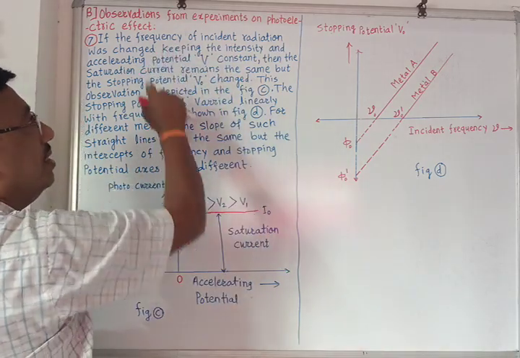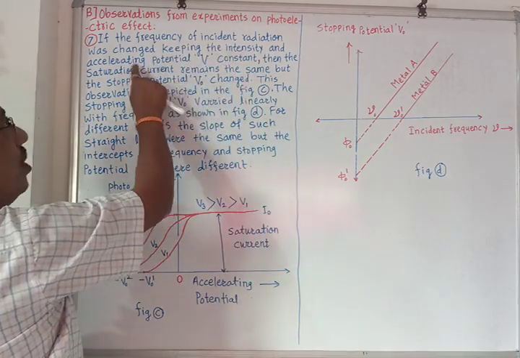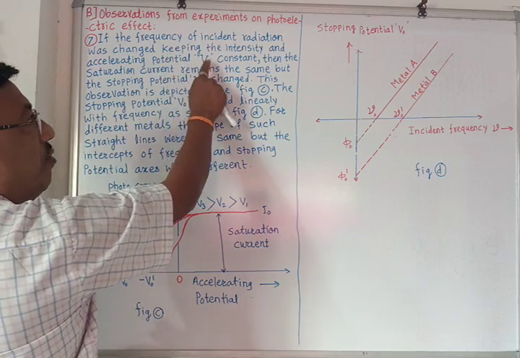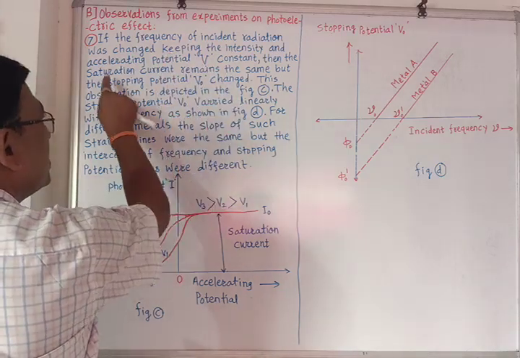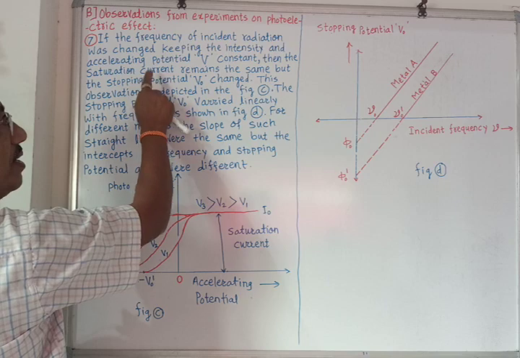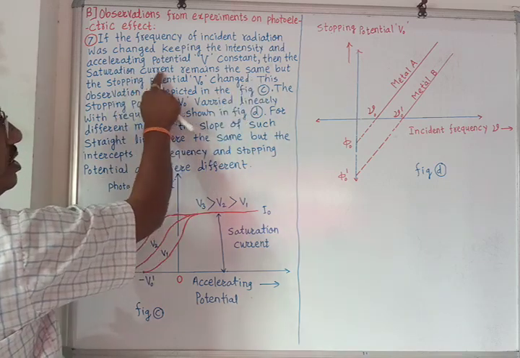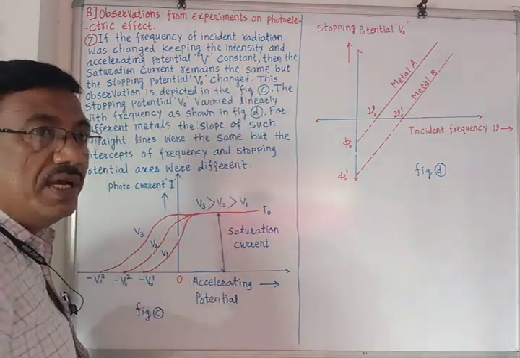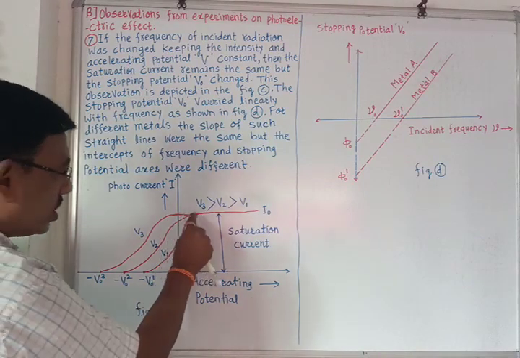Frequency is varied and intensity and accelerating potential V kept constant. Then the saturation current remains the same. Saturation current हे सेम राहतं.